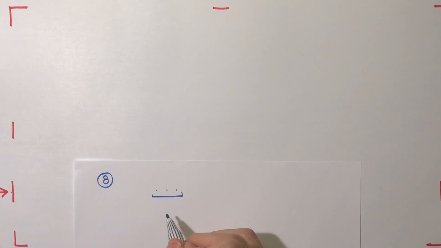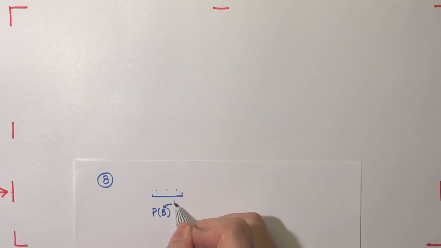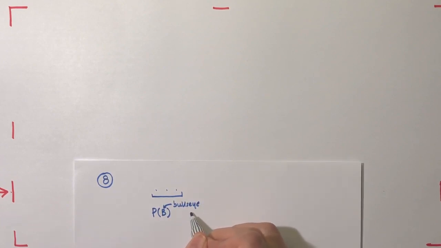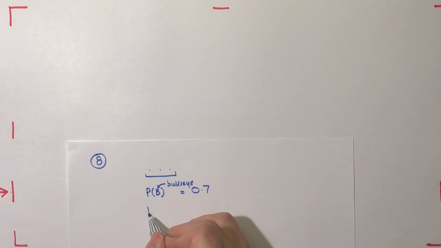So let's first consider the numbers that are given. The probability of a bullseye. So that's B for bullseye. The probability for a single throw is 0.7. So the probability of winning a game, so we'll call that a win game.